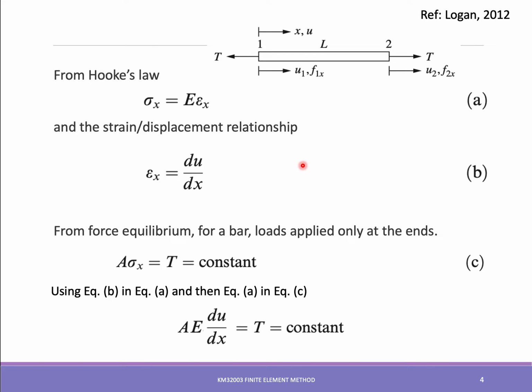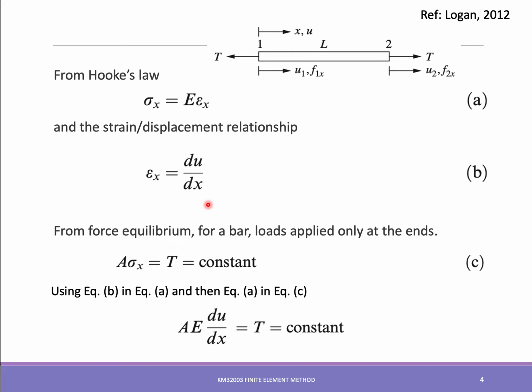Again we will use Hooke's law, which relates the stress to the strain by the modulus of elasticity, and we know that the strain is the change in displacement with respect to the original length, so du over dx.